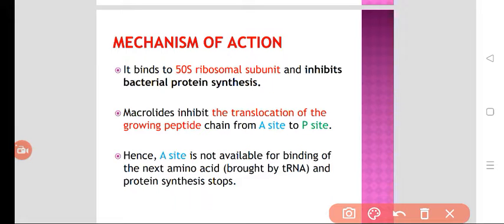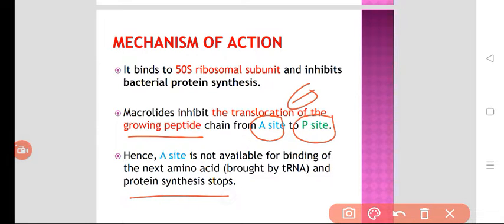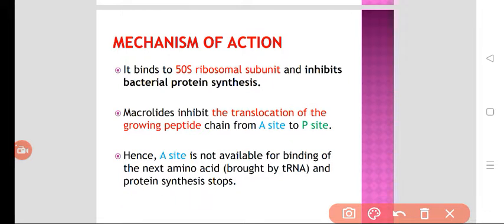Actually, it inhibits the translocation of the growing peptide chain from the A site to the P site, and that's why the A site is not available for binding of the next amino acid which is brought by the tRNA, and hence protein synthesis stops.